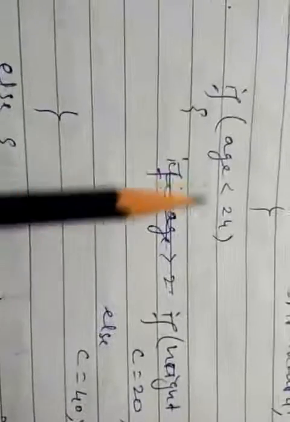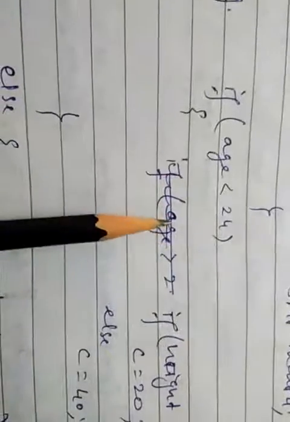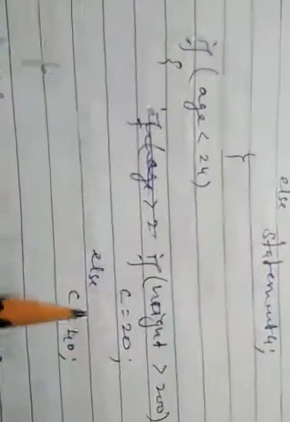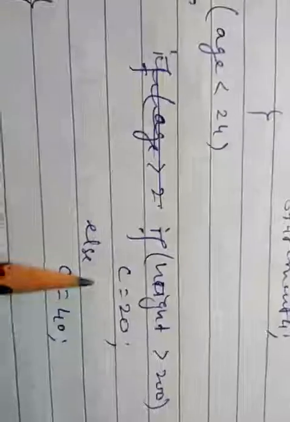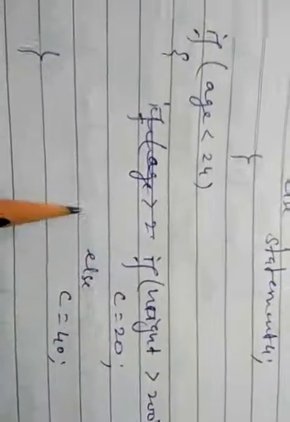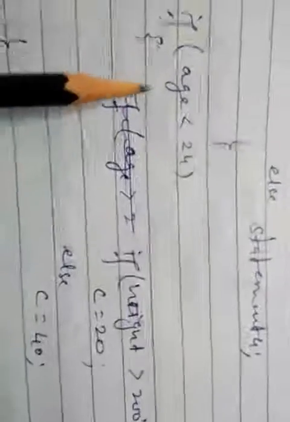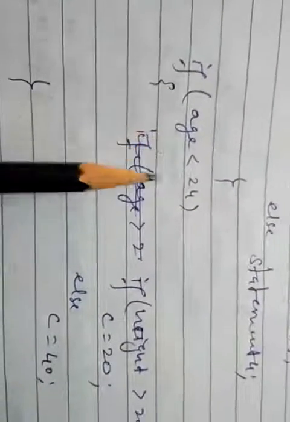So if age is less than 24, then this block executes, and it checks if the height is greater than 200, then the value of C will be 20, otherwise the value of C will be 40. So this portion will be executed only when the condition age is less than 24 is true.